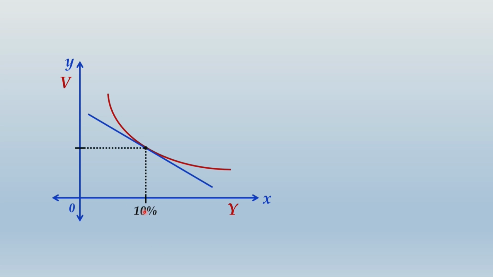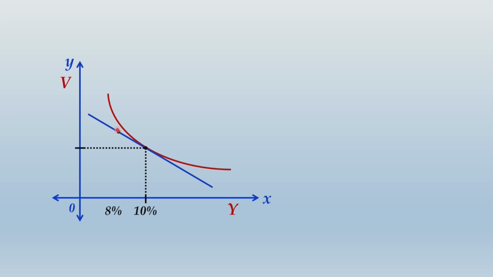At 10% yield rate currently, the value of the bond is so much. If the yield rate falls down to 8%, the value of the bond will obviously rise. Look at one thing. From this point, if the desired yield rate has reduced from 10 to 8%, the value has risen from this level to this level.